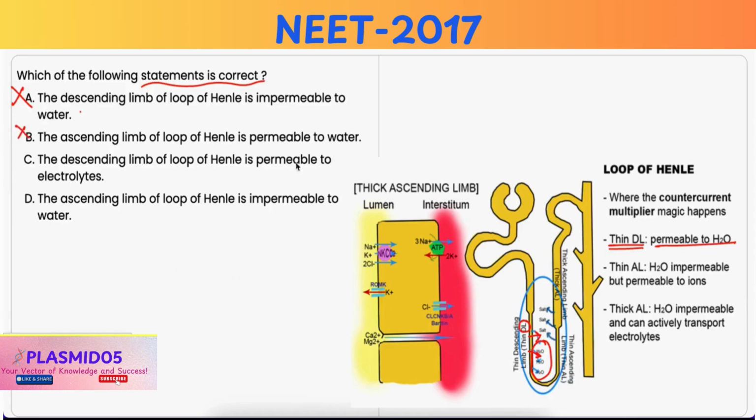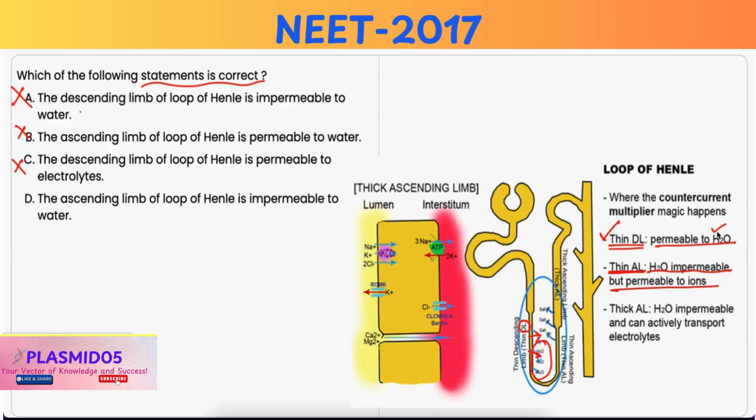It is also incorrect because the ascending limb of loop of Henle is impermeable to water. Instead, it is permeable to sodium, potassium, chloride. Option C, the descending limb of loop of Henle is permeable to electrolytes. It is also incorrect because the descending limb is permeable to water and not electrolytes.